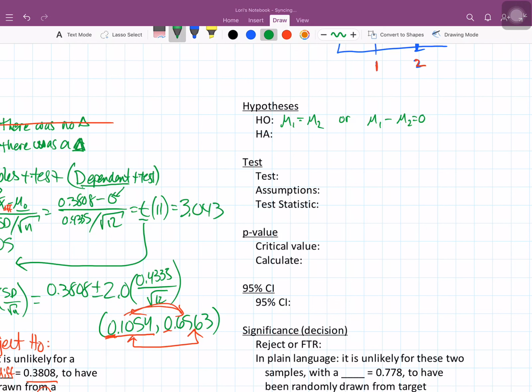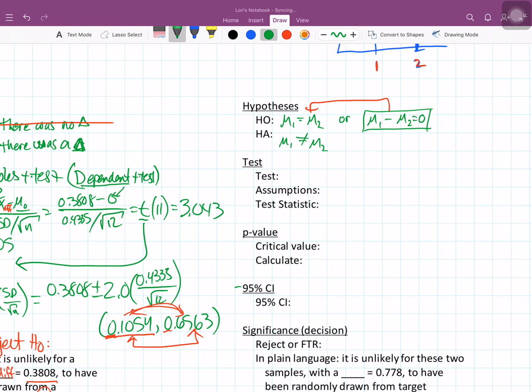These are two equivalent things, two different ways of saying the same thing, and you'll see when we talk about the 95% confidence interval how the version looking at the difference really makes a lot of sense. The alternate is mu1 is not equal to mu2, or that the difference is not equal to 0. So those are a couple of different ways of saying that.